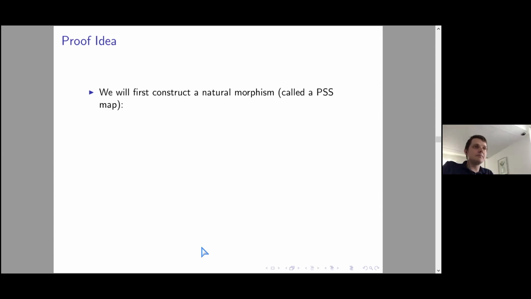So what I'm going to do is construct a kind of PSS map from one space to the other space. And it's going to be like a jet kind of PSS map. So I'm going to call this EV, evaluation.